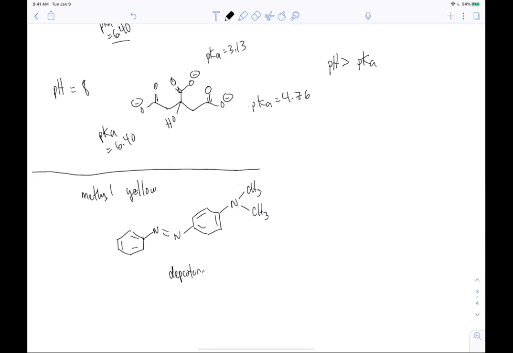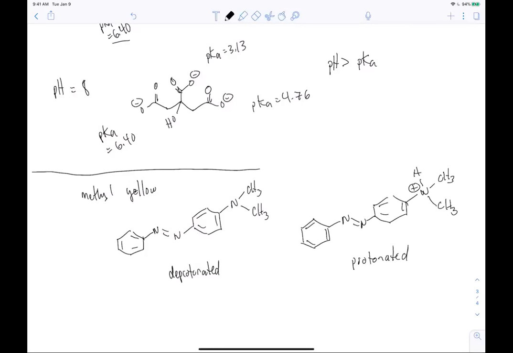So when it's deprotonated, it'll look like this. And when it's protonated, it'll look like this. Let's see, so the protonated form will be red, the deprotonated form will be yellow.